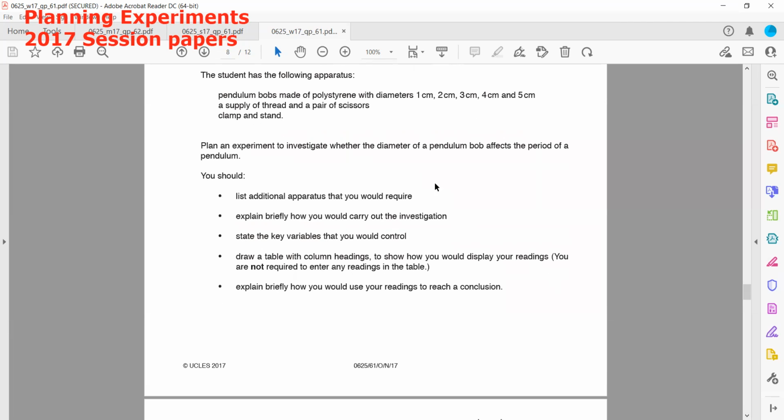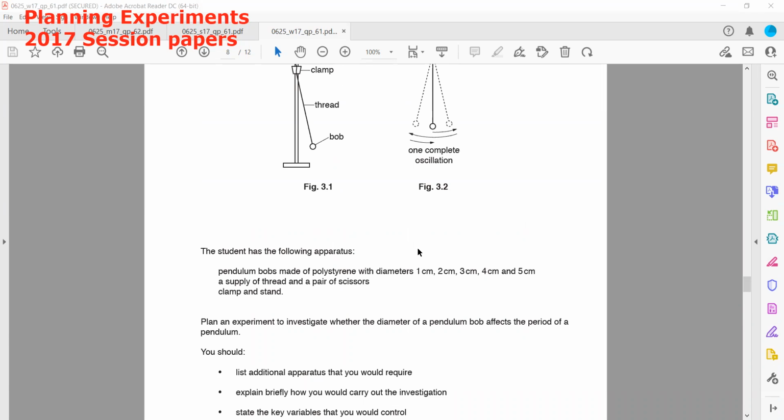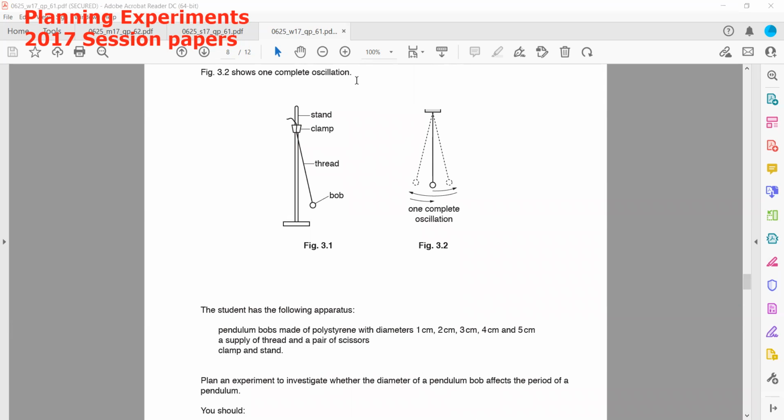List additional apparatus, because whenever you want to measure time, you need a stopwatch. Without a stopwatch, we cannot measure the time. And for a fair comparison, because we are finding whether the diameter, the size of a bob, can affect the time period, the length of the pendulum should be the same. So how can we measure the length of the pendulum?